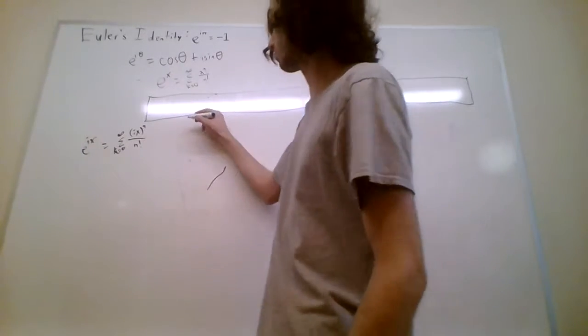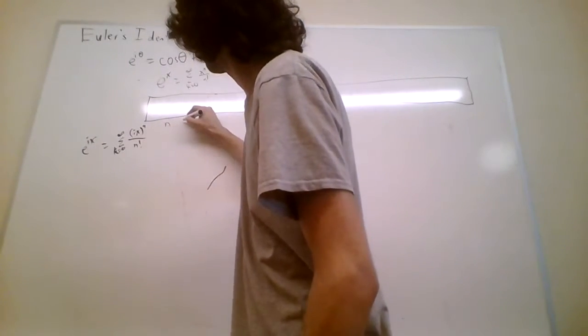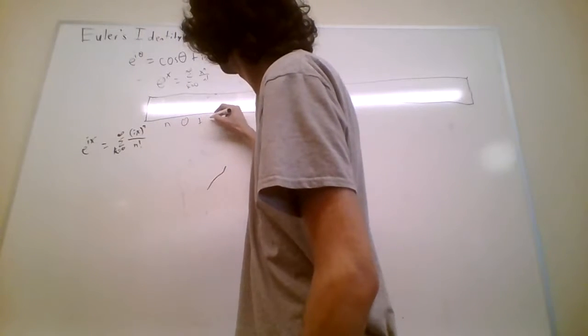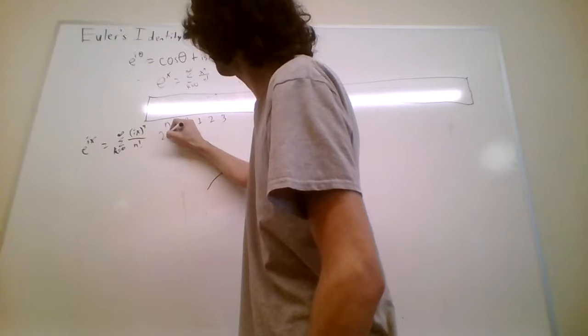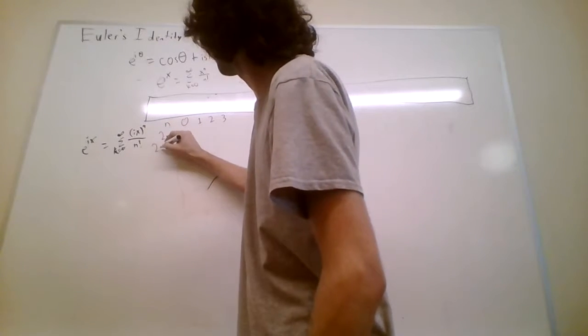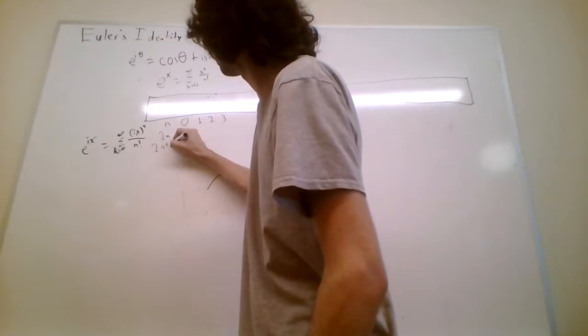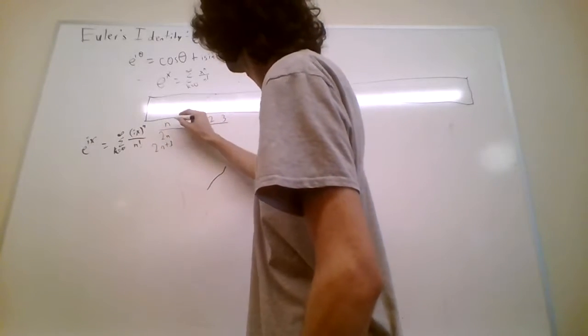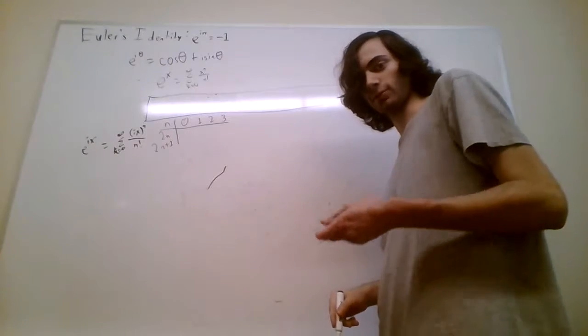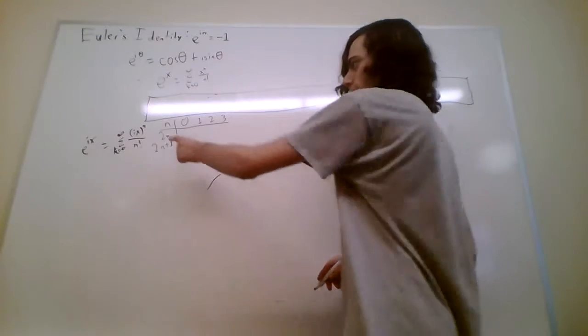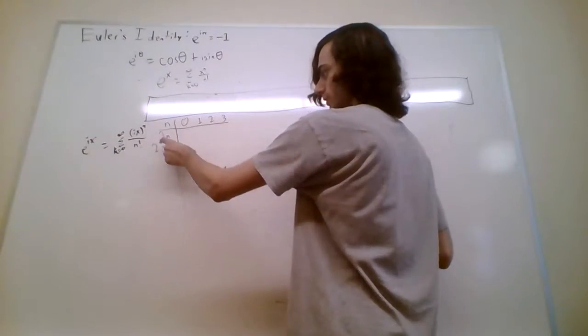So I'll explain. We make a chart. So I'll have 2n and 2n plus 1. If we want two sums, one with the even terms, one with the odd terms, we're going to use two separate terms, 2n and 2n plus 1.